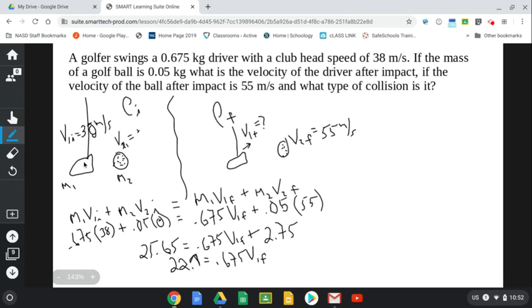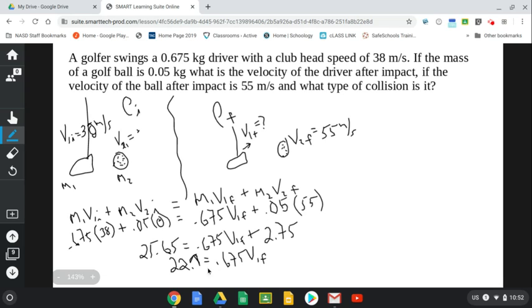There was an impulse that the golf club gave to the golf ball. So the golf club lost momentum. The golf ball gained momentum. But the total is going to stay the same. So this velocity's got to be lower than 38. If it's not, we've got a problem.